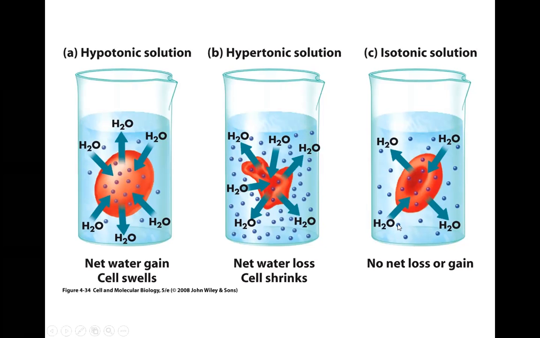So isotonic saline, you've probably heard this word before, whereby you maintain the ion concentration that we have in our plasma. In this case, the amount of water getting in is equal to the amount of water getting out. So we have a sort of equilibrium here, and the shape of the red blood cell remains as it should be. It maintains its normal shape. So we have no net loss or gain.